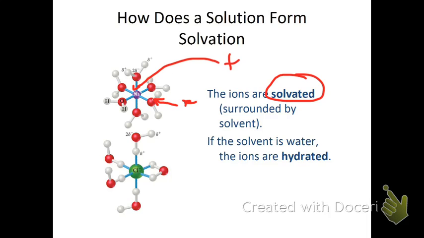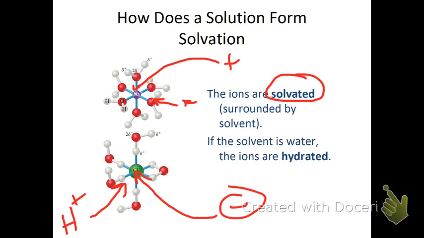Likewise, to solvate chlorine, since chlorine is negatively charged, here's the chlorine, you need a bunch of the positively charged hydrogens. These hydrogens are delta plus, not a complete full positive charge, and they again surround the chloride in this cage-like structure.